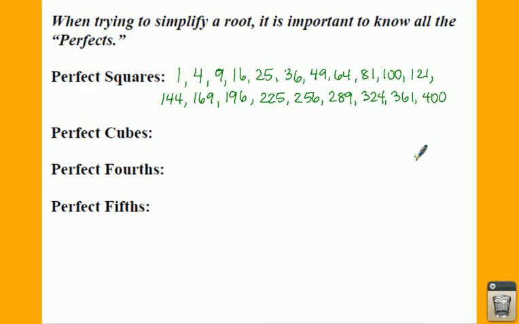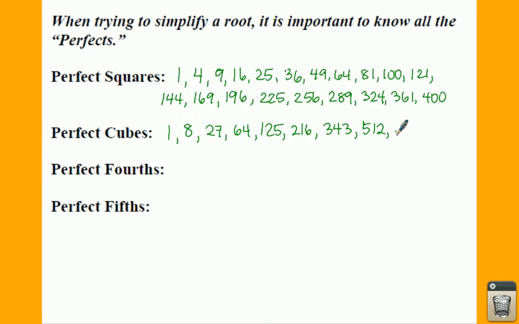Now perfect cubes, you only have to really know these from 1 to the third up through 10 to the third. 1 to the third is 1, 2 to the third is 8, 3 to the third is 27, 4 to the third is 64, 5 to the third is 125, 6 to the third, what's that, 216, 7 to the third is 343, 8 to the third, that one's a little bit tougher, is 512.